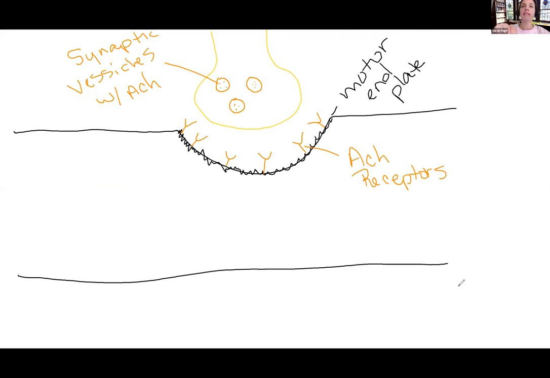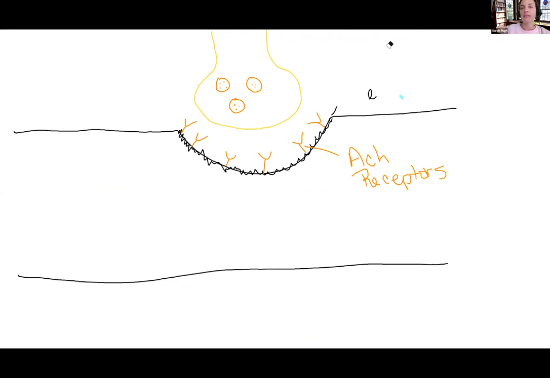I'm going to erase some of the things that are on here. Now, if you are drawing along with me at home, you can just start a new drawing. You don't have to erase anything because you may want to keep all this information right here so you know what everything is. Actually, I am going to erase all of this because I'm going to draw it a lot bigger.